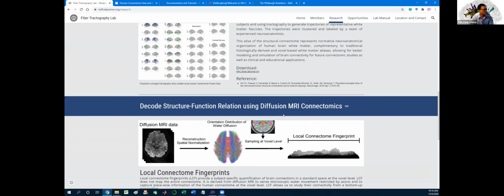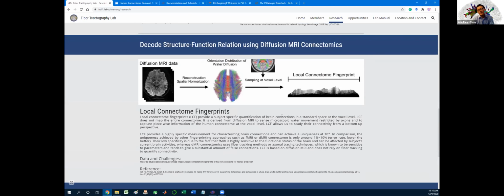And the third focus is trying to understand the structural function correlation. Here we propose something called the local connectome fingerprint. It's a very specific quantification approach using diffusion MRI to see what the connectivity is at the voxel level.